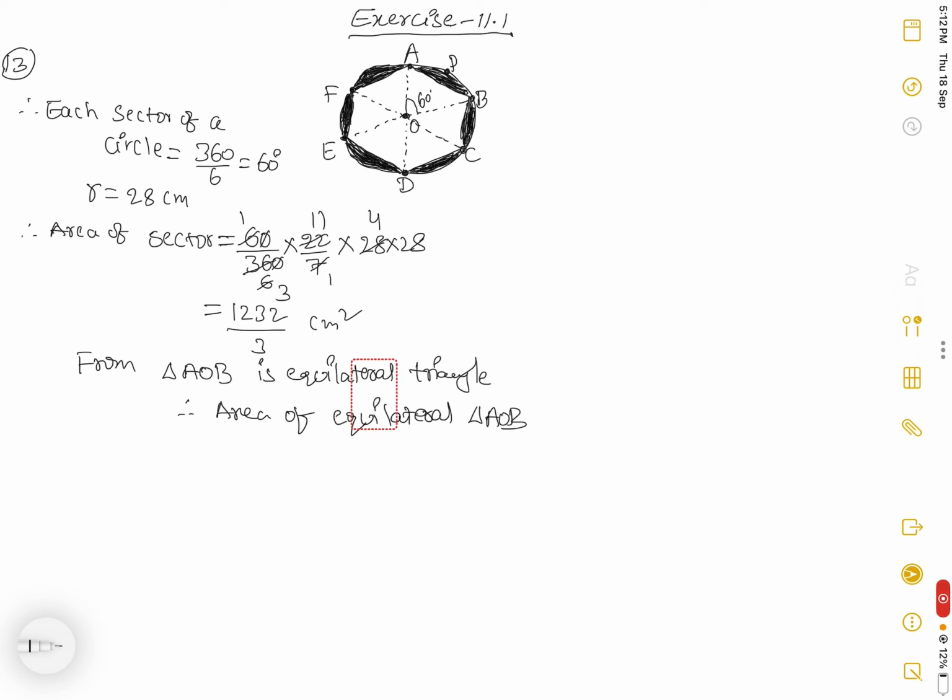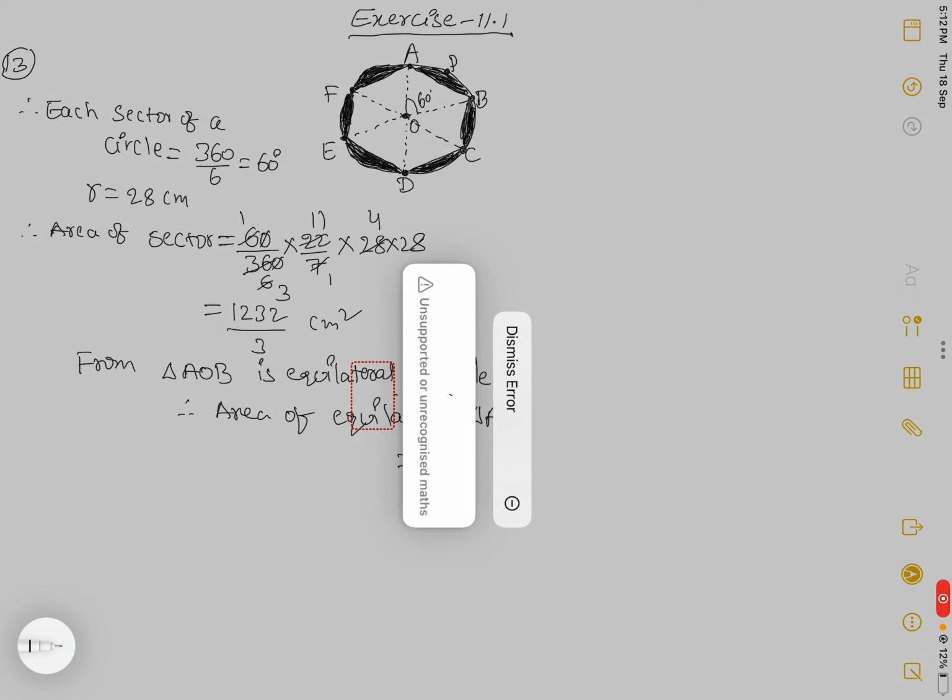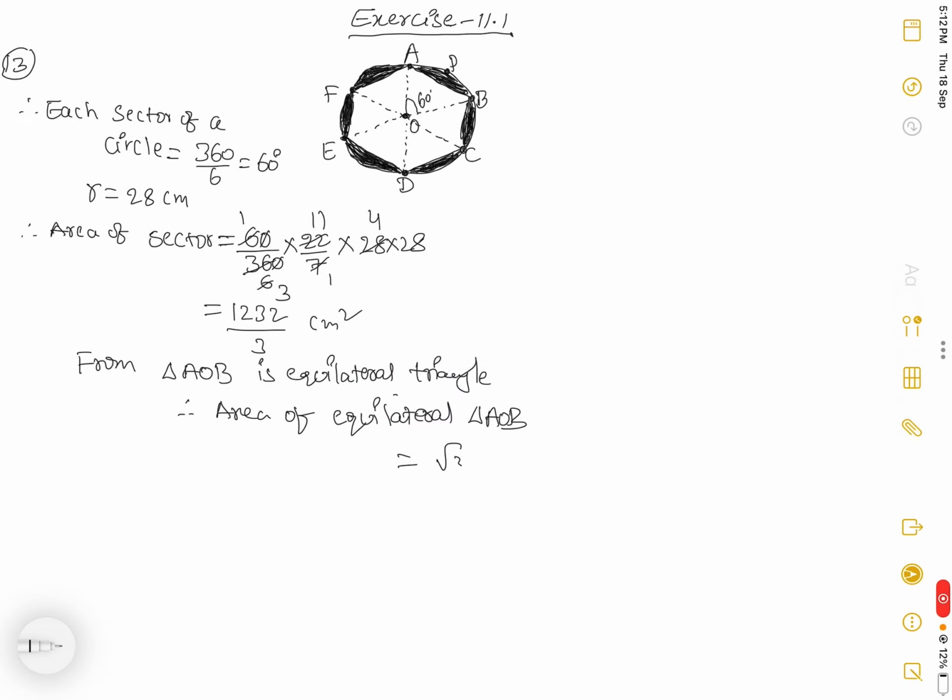equals, you know the formula, the equilateral triangle area formula is root 3 by 4 a square. A square means radius. So here root 3 by 4, a square means 28 into 28. Here we get 4 sevens. So overall here we get 196 into root 3.